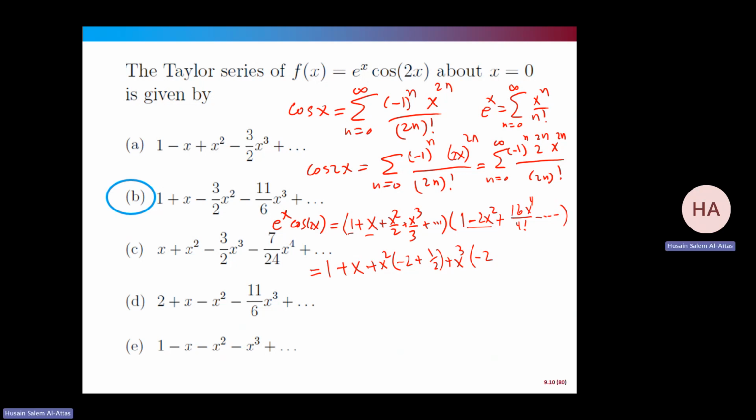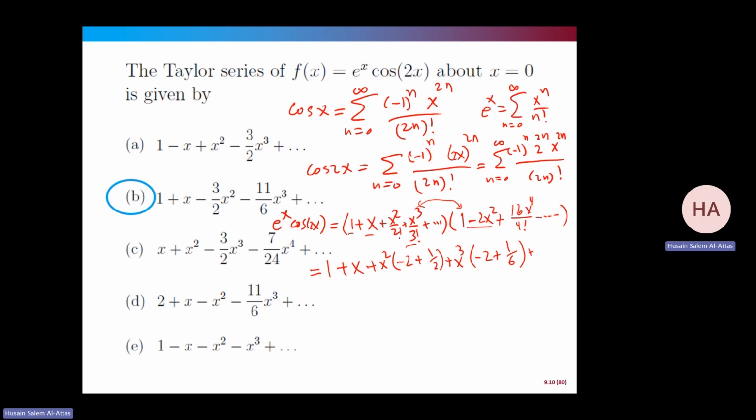Wait a minute. This is 3 factorial. Sorry, this is 2 factorial. Yeah. So this is minus 2 plus 1 over 6, because this is times this. So it's plus 1 over 6.